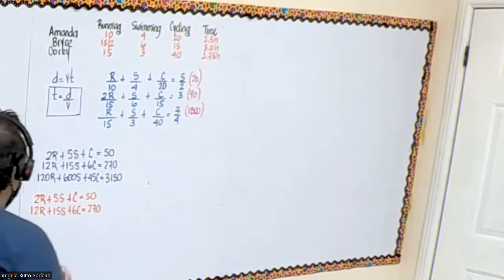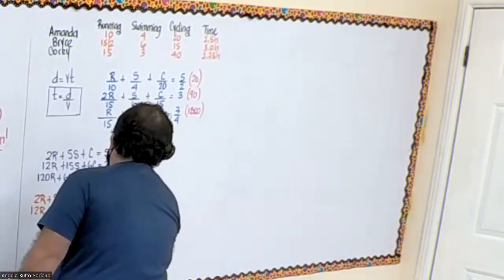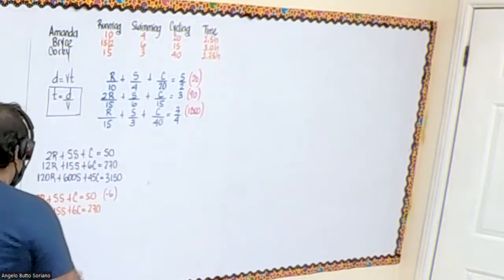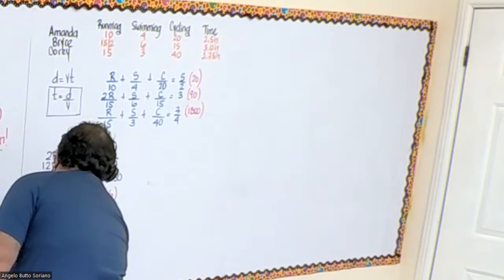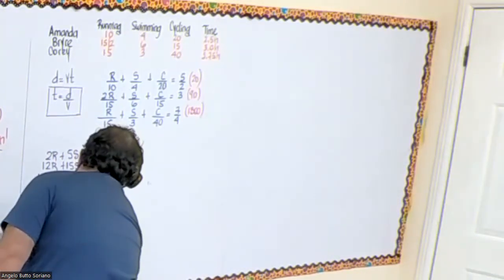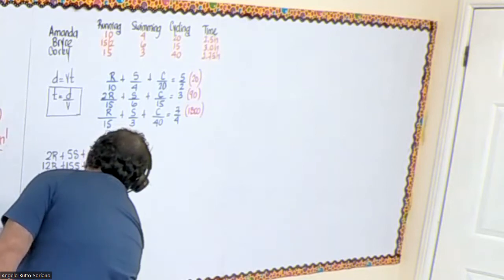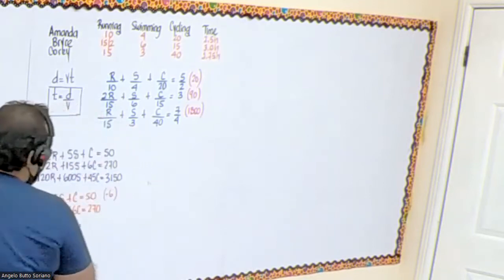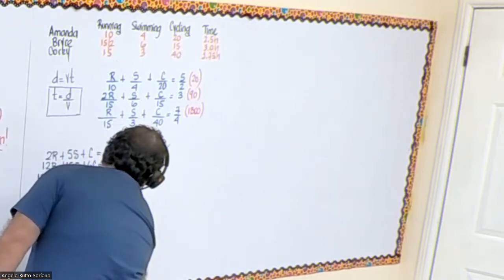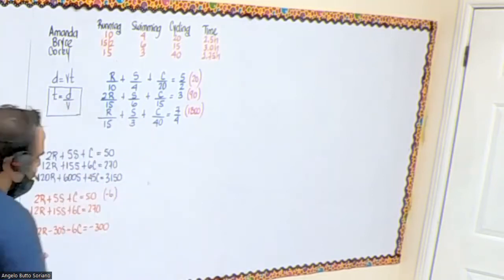Let's eliminate the letter r from the first equation, multiplying by -6. We got negative 12r, negative 30s, and negative 6c, that will be equal to negative 300, right?